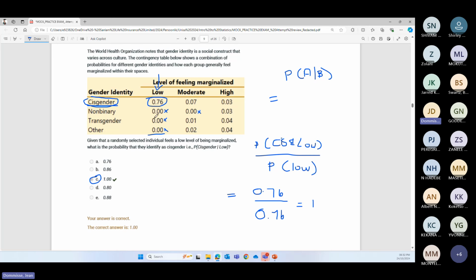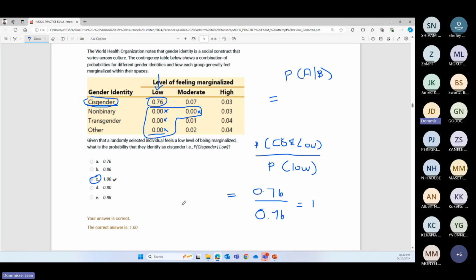Transgender and low, mutually exclusive. Other and low, mutually exclusive. Non-binary and moderate, mutually exclusive because the and is 0. So just see all of these that are mutually exclusive because the and is 0.